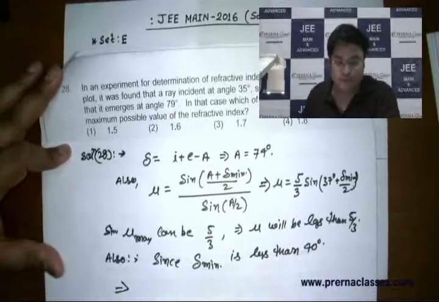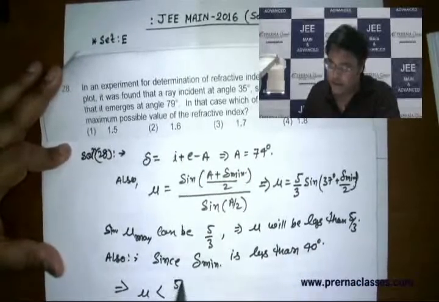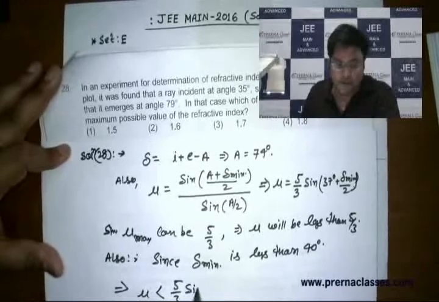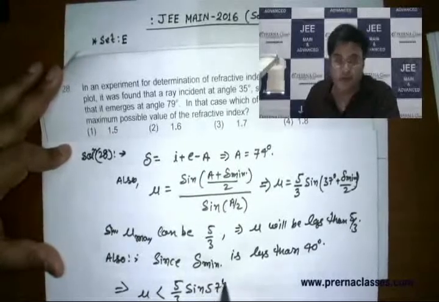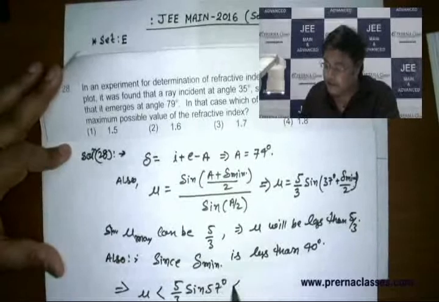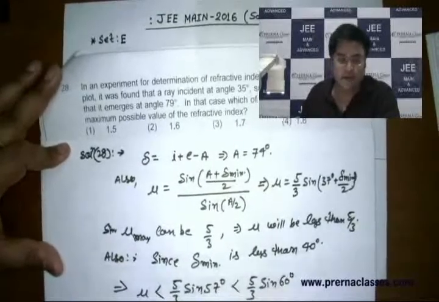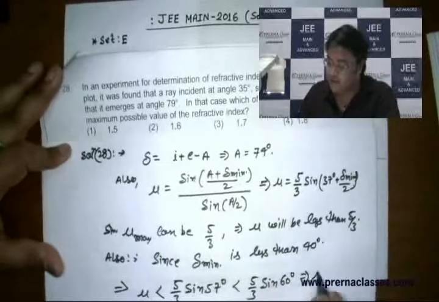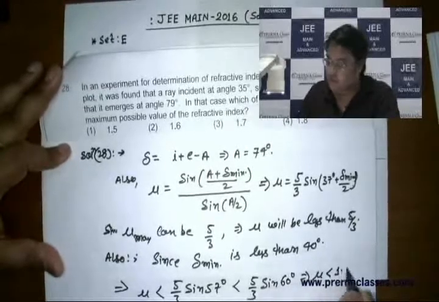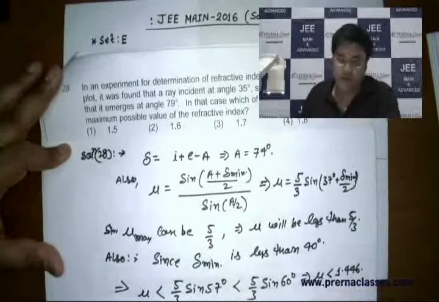That implies mu is greater than 5 by 3 sine of 57 degrees, and it is less than 5 by 3 sine of 60 degrees. So that implies mu is less than 1.446.